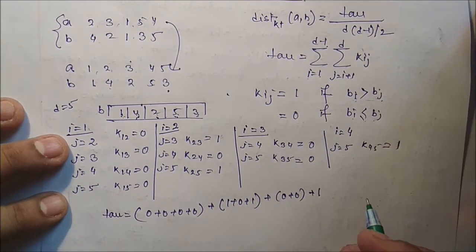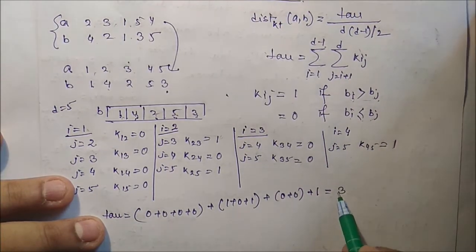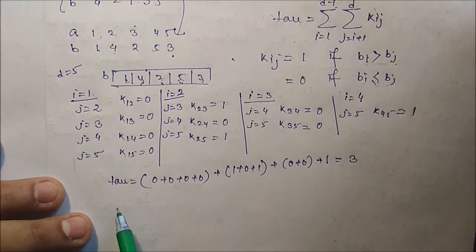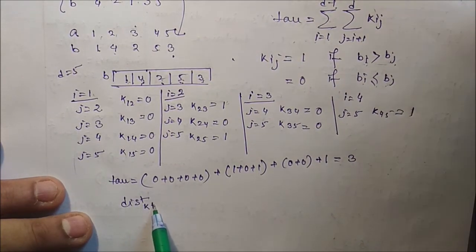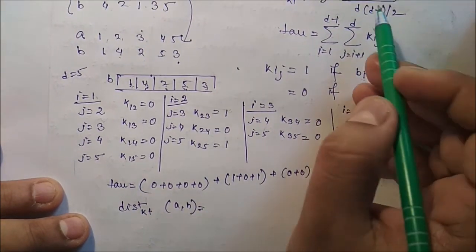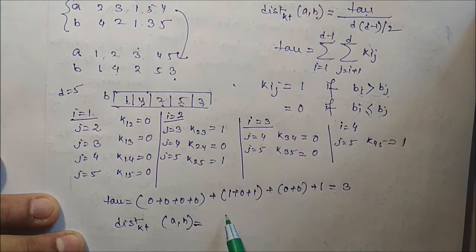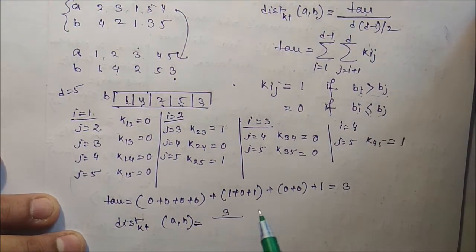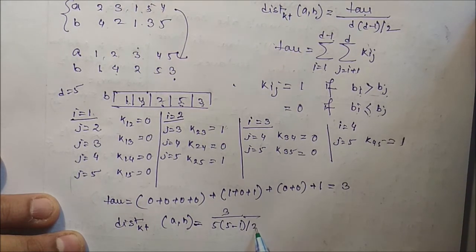So tau is equal to say 1, 2, 3. So distance, Kendall tau in between A and B, that is what? Tau divided by, what is tau? Tau is equal to say 3 divided by D into D minus 1 by 2.